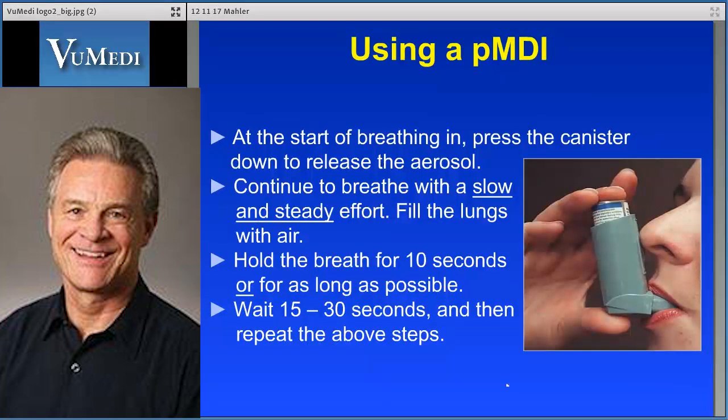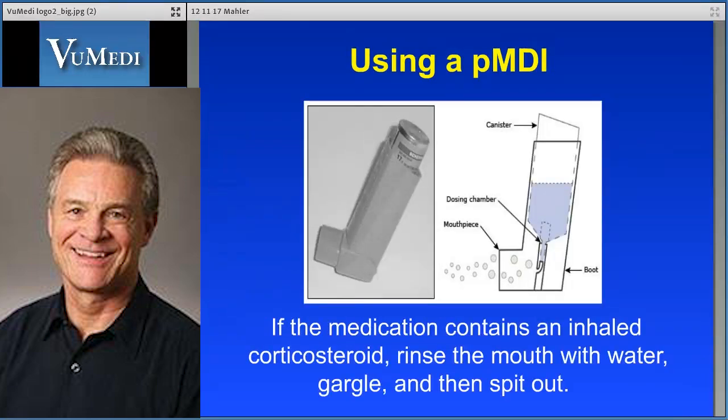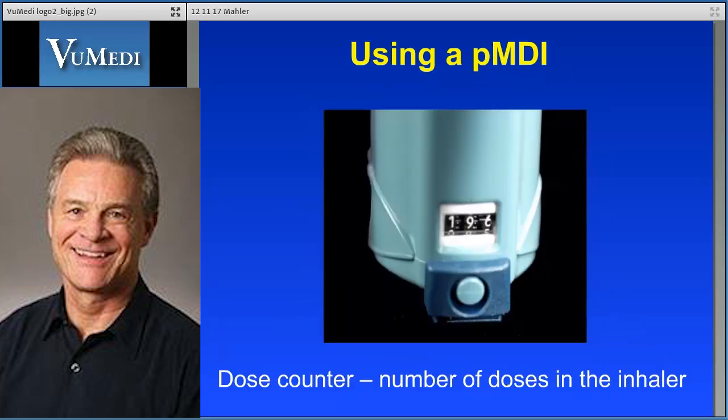Wait 15 to 30 seconds, and then repeat the above steps. If the medication contains an inhaled corticosteroid, rinse the mouth with water, gargle, and then spit out the water. Some metered dose inhalers contain a dose counter demonstrating the number of doses in the inhaler.